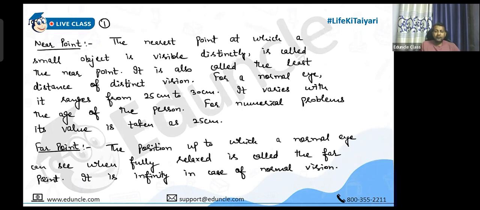And it is infinity in case of normal vision. But the person who has some defect, these near and far points may be different. Either both or one of them will be different. Okay. Clear?